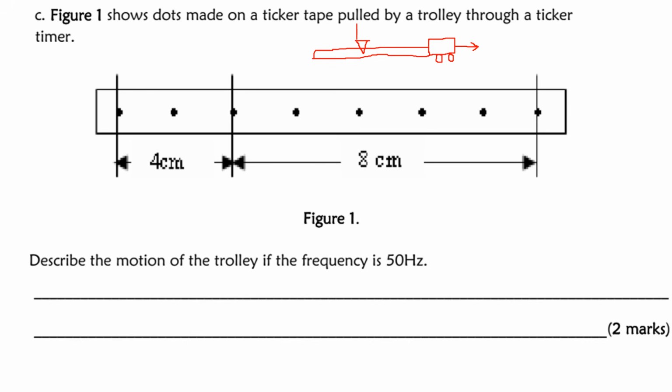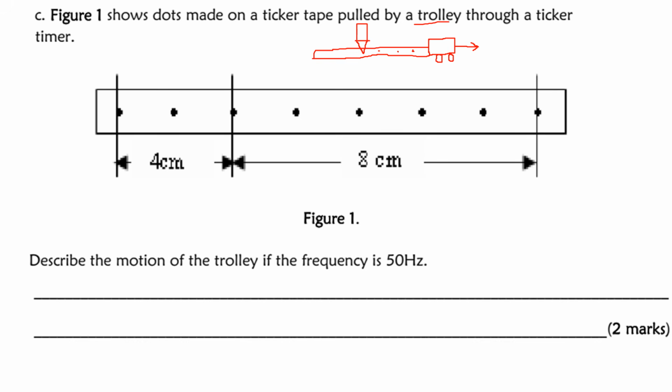A ticker timer is simply a vibrator, an object that vibrates. While the trolley is moving in this direction, the paper will also be moving along with the trolley while the ticker timer is vibrating. As it vibrates, it will leave a trace of dots on it.